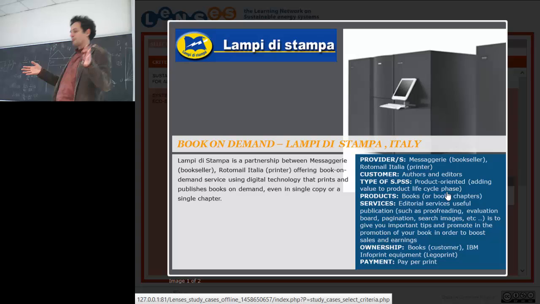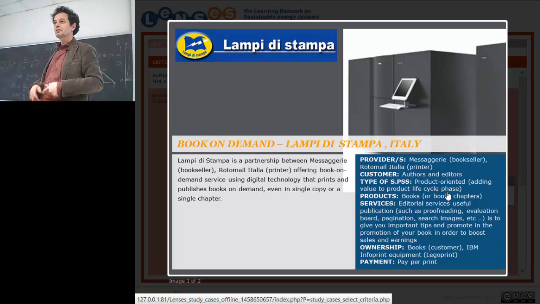So it could be even in the bookshop where you go to buy a book. You don't take it from the shelf. You order the book and the book is printed just for you in that moment, right? Or you just want to print the first two chapters of the book, if this is allowed and so on.